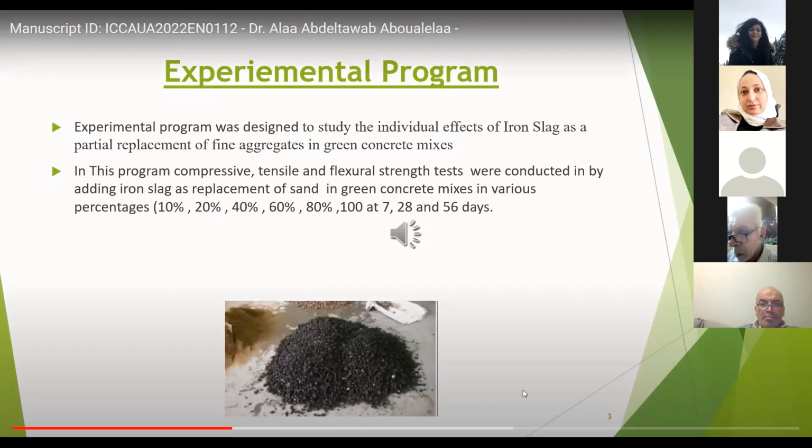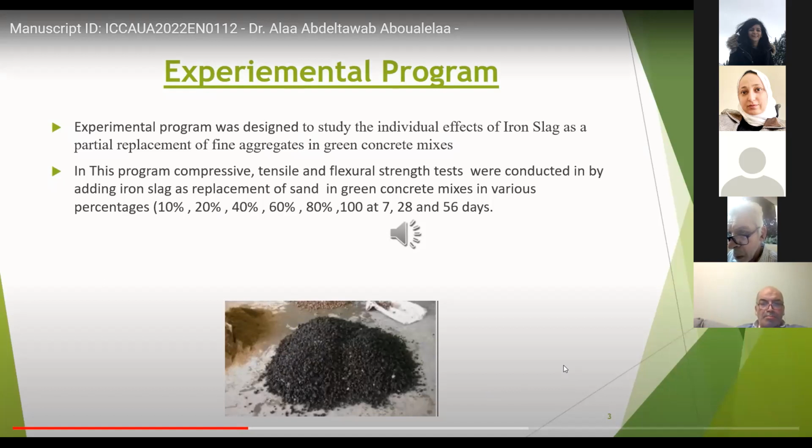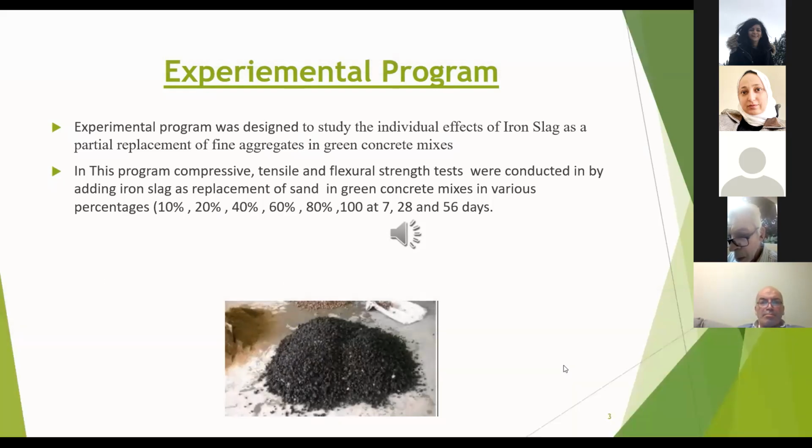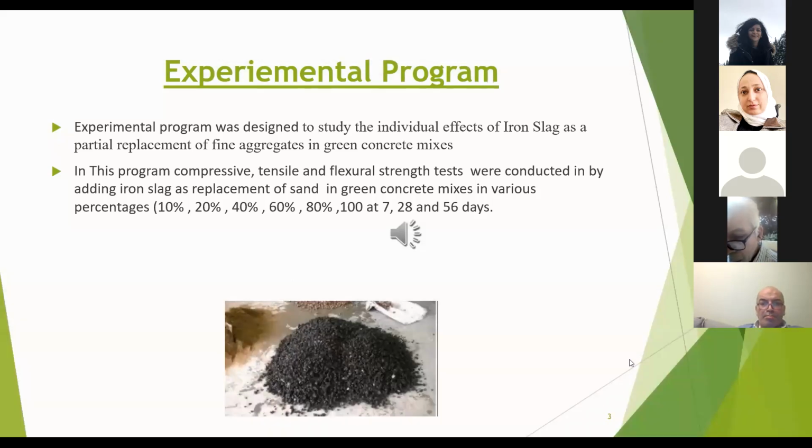In this program, compressive, tensile, and flexural strength tests were conducted by adding iron slag as a replacement of sand in green concrete mixes in various percentages: 10%, 20%, 40%, 60%, 80%, 100%, at 7, 28, and 56 days.